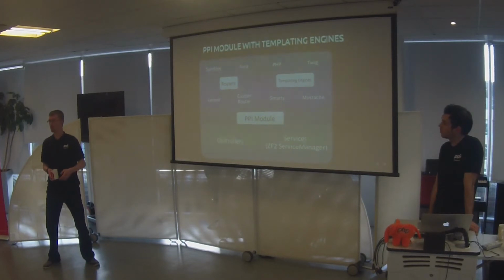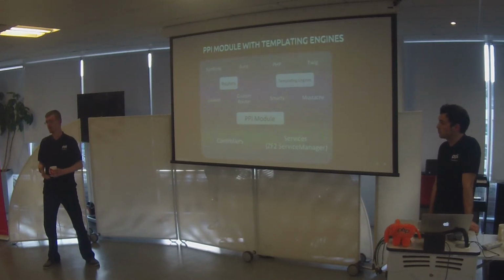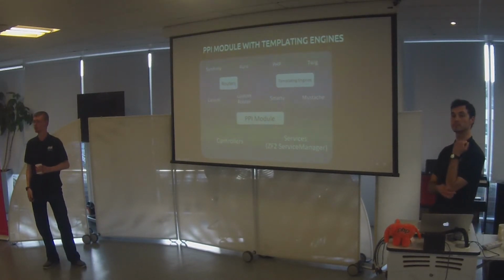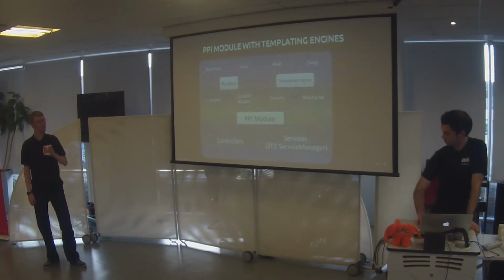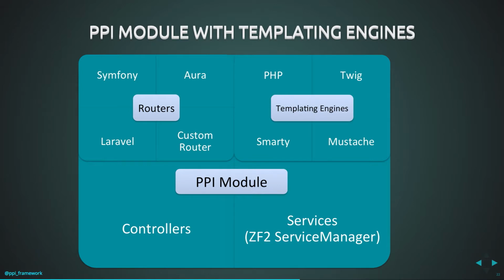I wanted to add the Laravel router for 4 and 5, and there were no docs. So when they have docs, we'll put 4 and 5 in, and anything else. We're open to suggestions as well, to see what the demand is or what people would like, because we're just guessing and will go for the most popular, but there may be more out there. There are a lot of routers out there, some better than others.